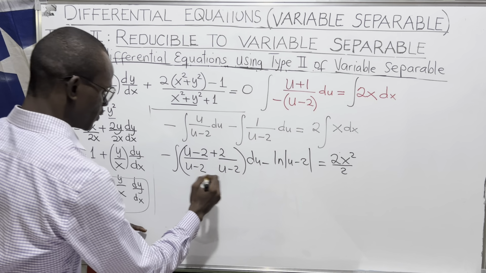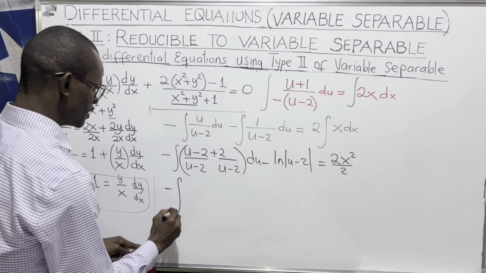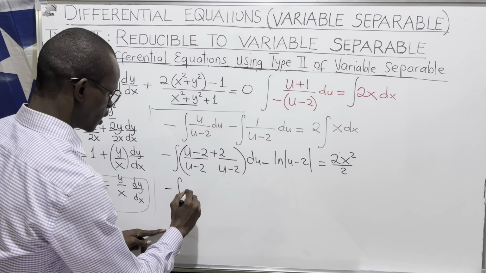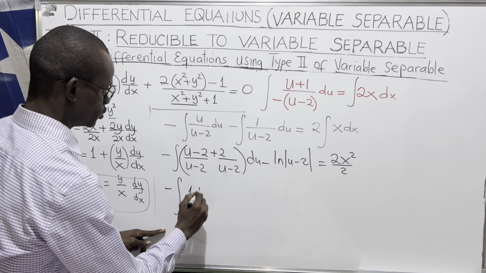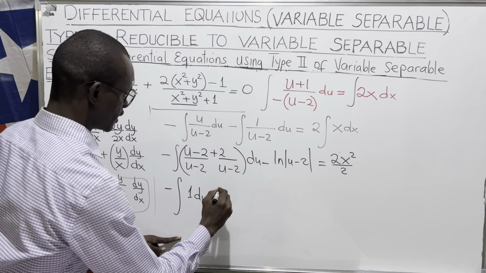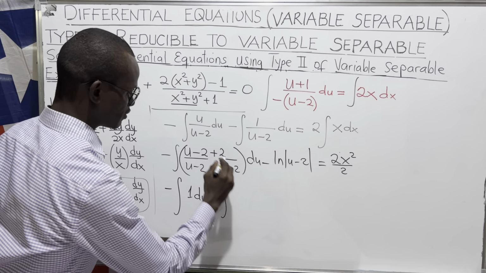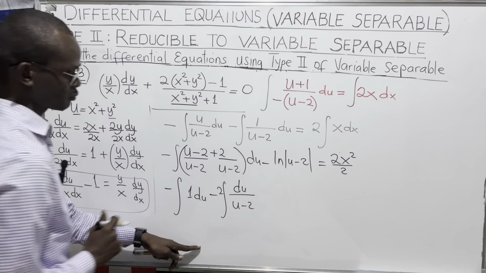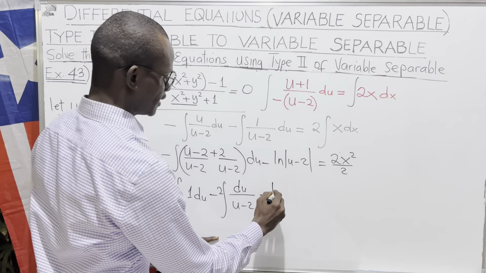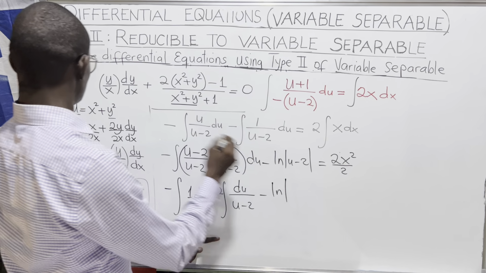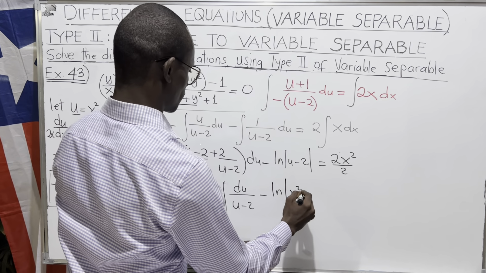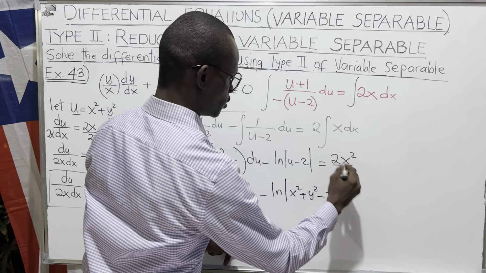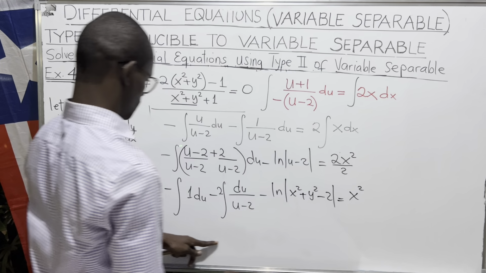So now we can separate these two. We have the integral of, now u minus 2 divided by this is just 1 du. Then negative times this is negative. The integral of, now the 2 is outside. You just have the u all over u minus 2. Then minus the ln of, now u is x squared plus y squared. Then we have the minus 2. So you are just left with x squared.